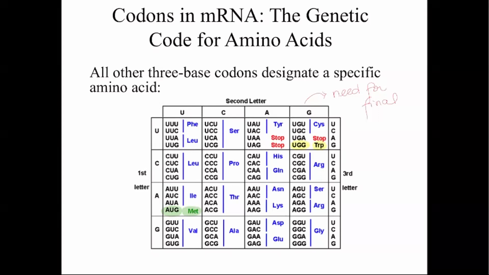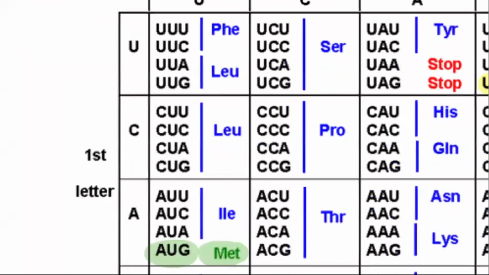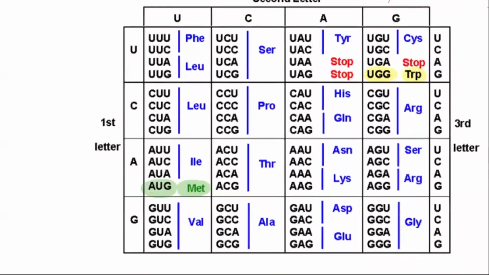The rest of the amino acids, as you can see here, can have 2, 4, even 6 different combinations of codons that give rise to those amino acids, okay? For example, if we focus on the left side of the table, look at how many codons give rise to the amino acid leucine. You can have UUA, UUG, CUU, CUC, all the way to CUG, all of those can encode for a leucine, okay? So again, methionine and tryptophan are the only amino acids that only have one codon.